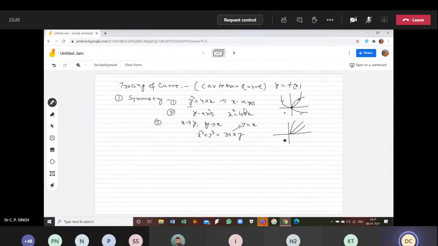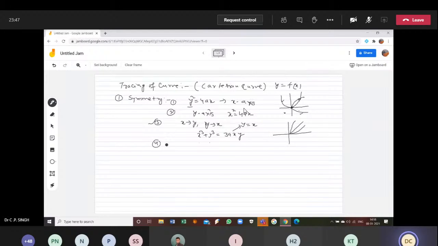So this is the symmetry about the line y is equal to x. Here there is no even power of x and y, so this third rule will be applicable. You just have to replace x by y and y by x, and if the curve remains the same, then it is symmetrical about y is equal to x.